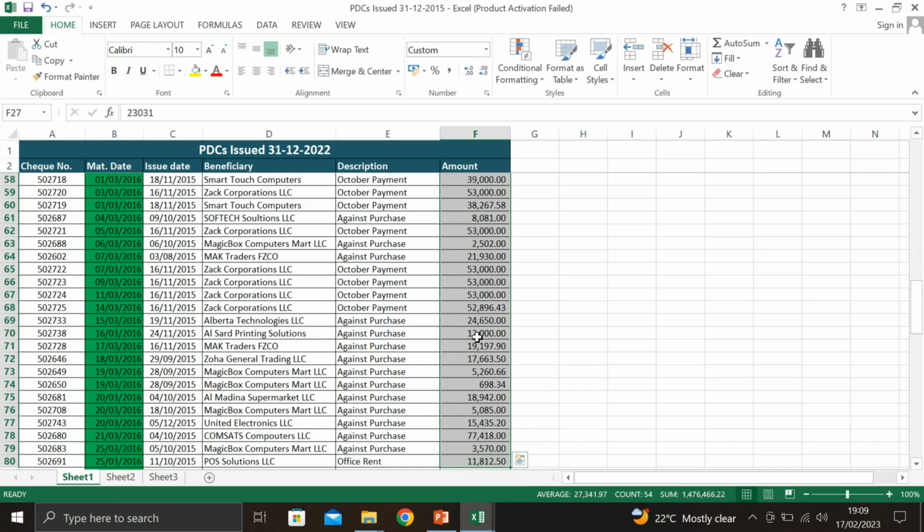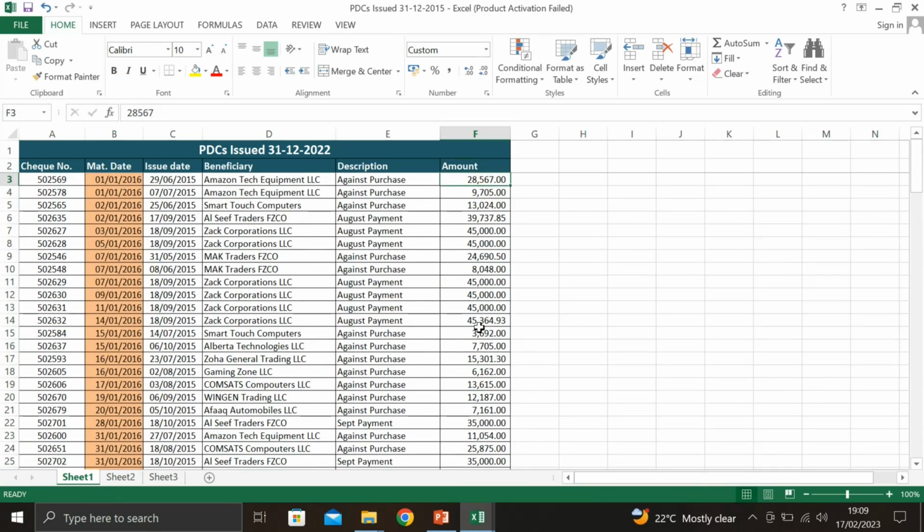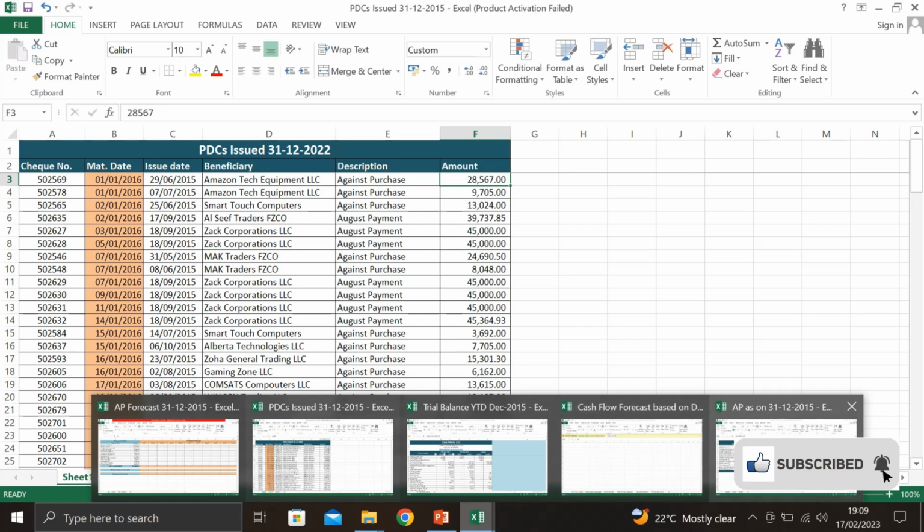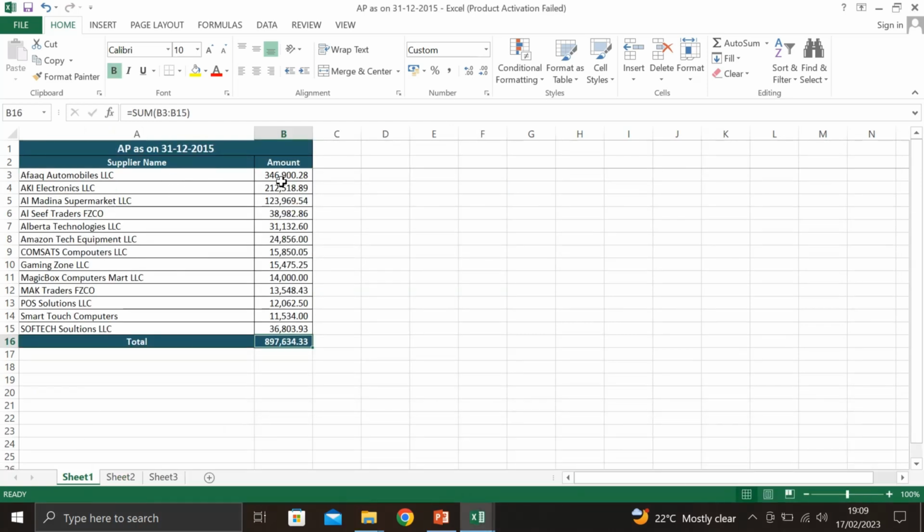So we have the complete list of how much to pay each supplier in each month. The supplier balance in AP means checks not yet issued, and these are the PDCs we have already issued in advance to the suppliers.